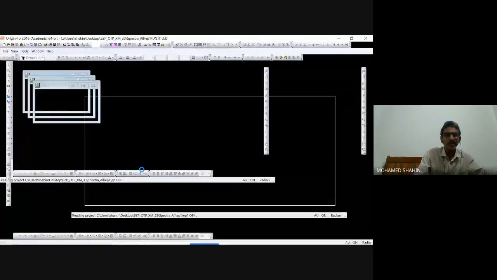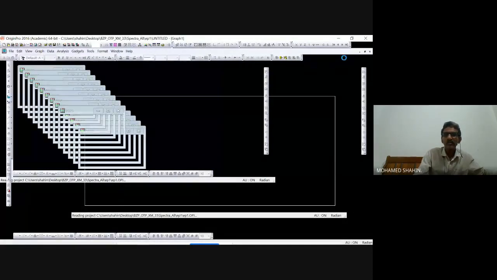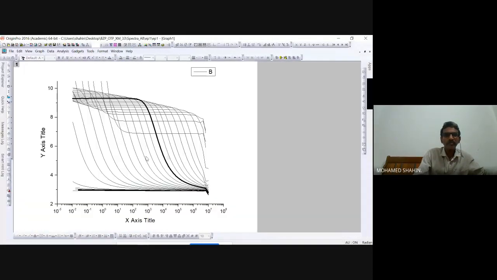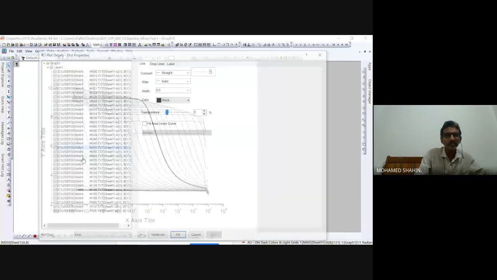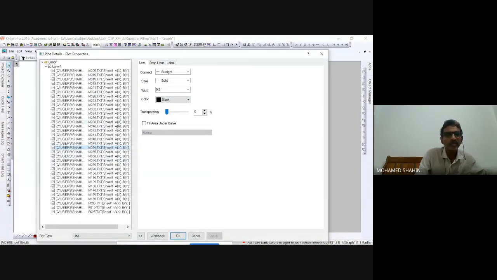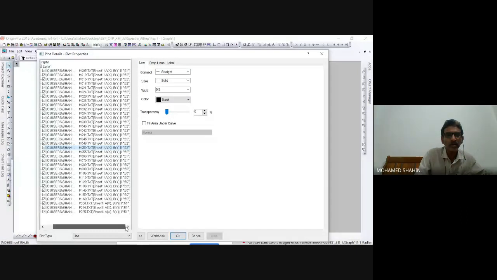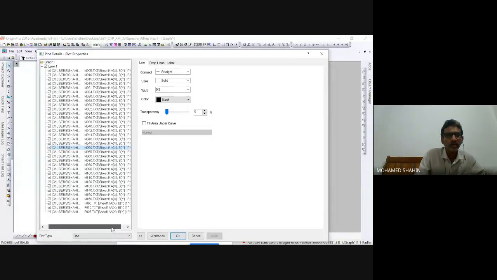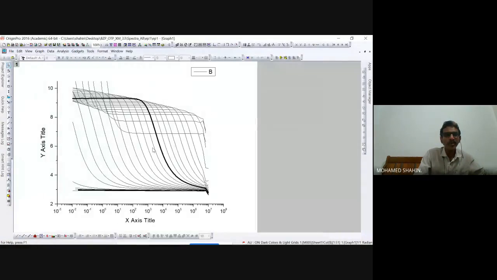Now you can see that as I plot this, this is the lower temperature. What is this temperature? It is something around -50.